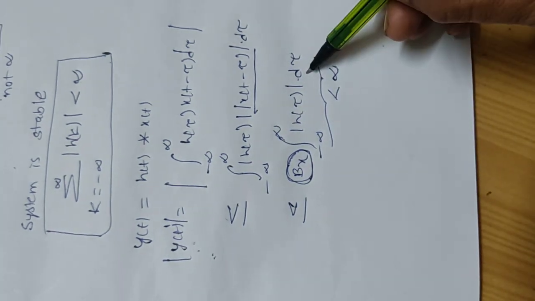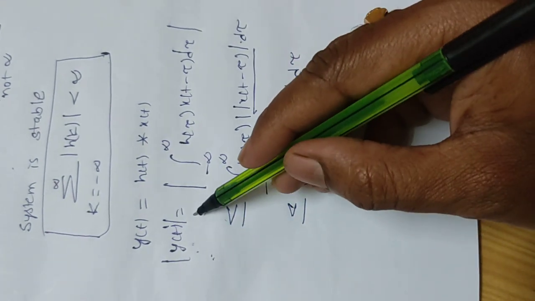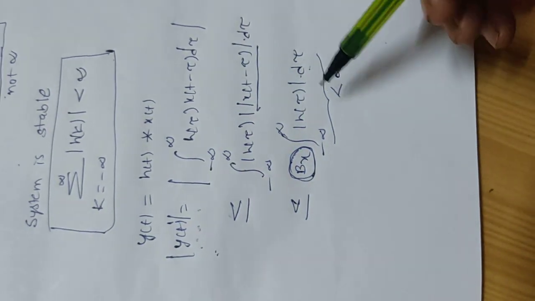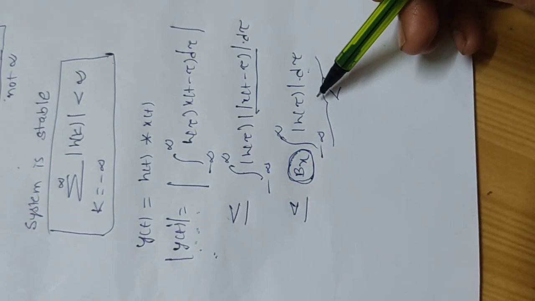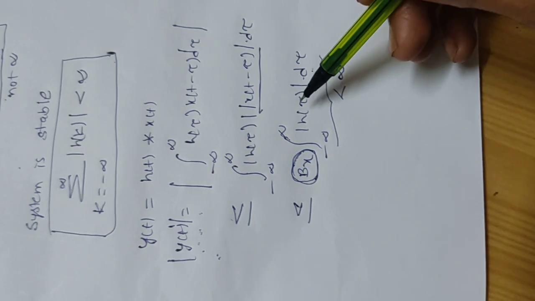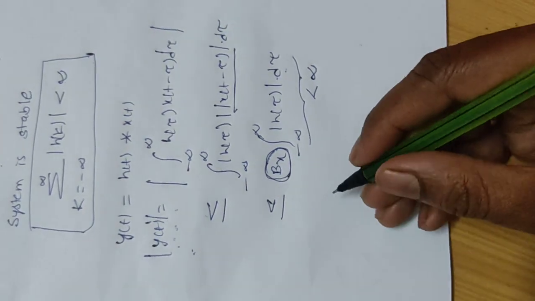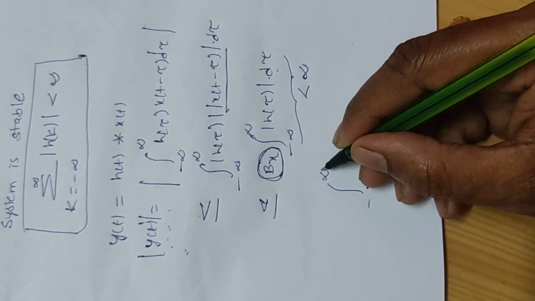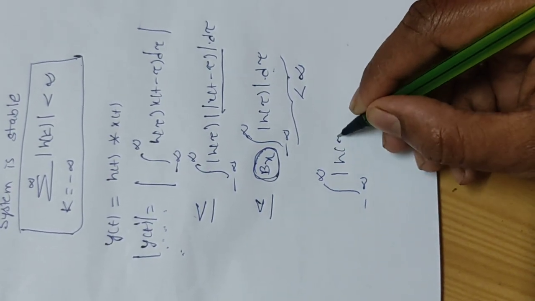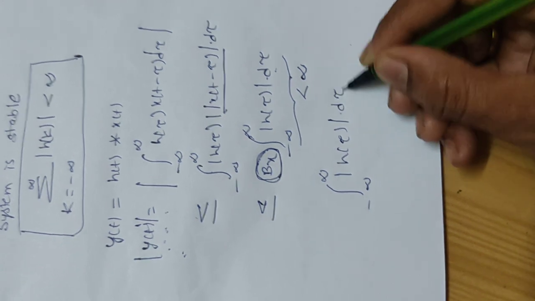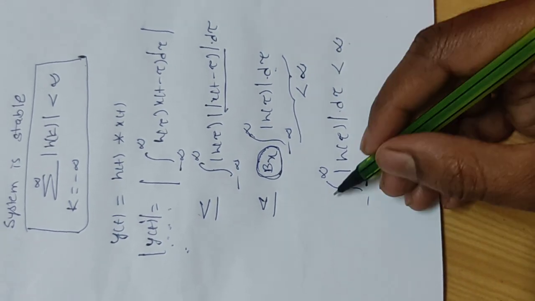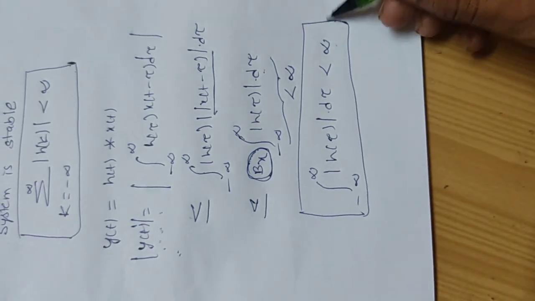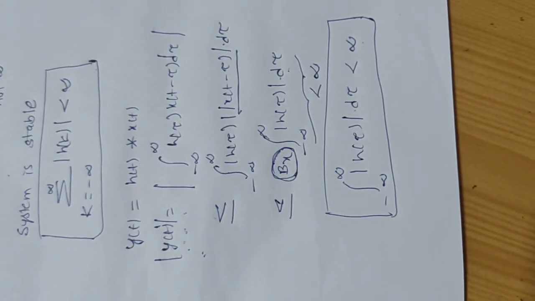If it goes to infinity, y of t becomes unbounded. So for a system to be stable, the condition on the impulse response is that the integral from minus infinity to infinity of modulus of h of tau d tau should be less than infinity. This is for continuous time LTI systems.